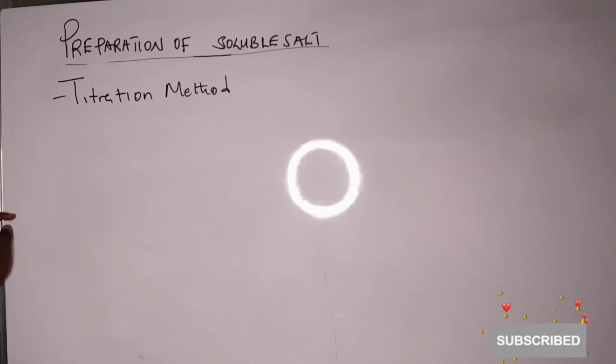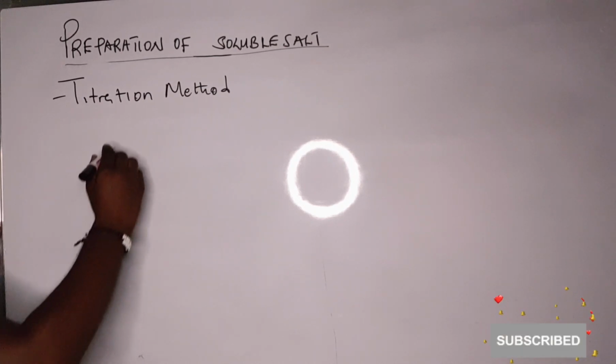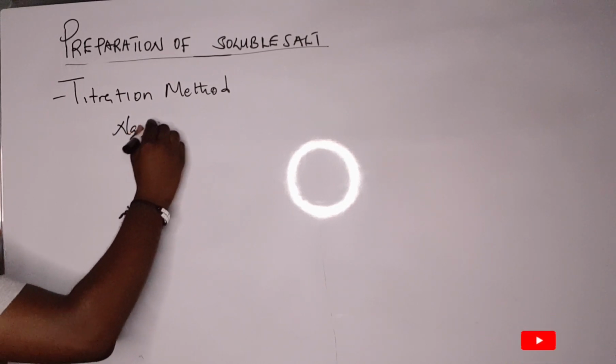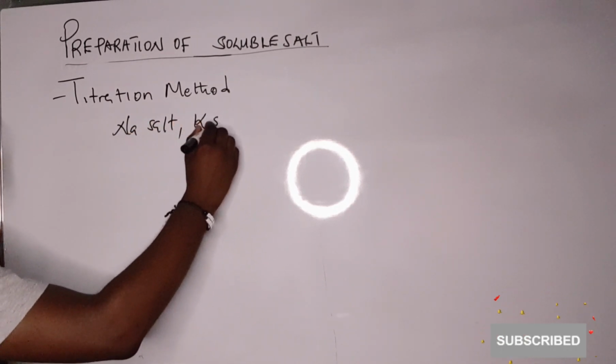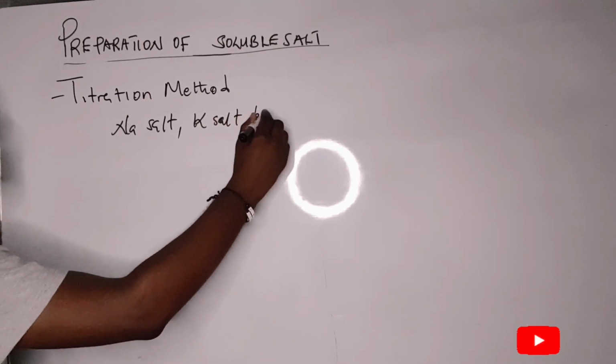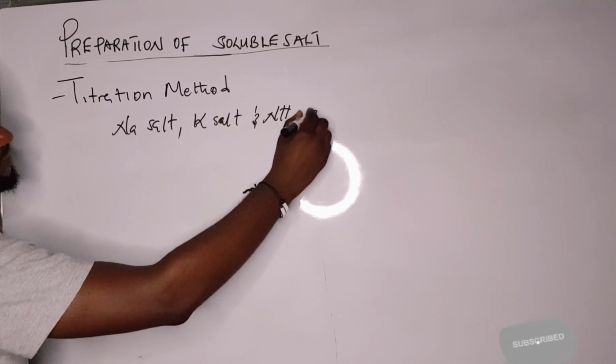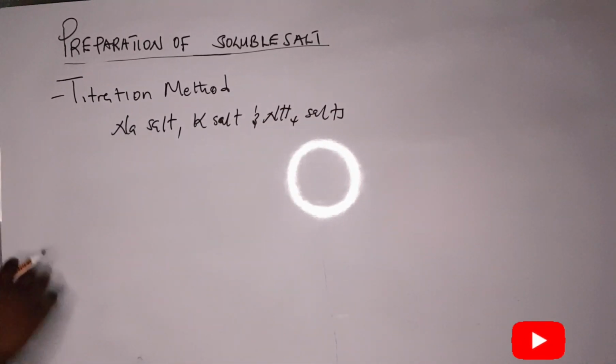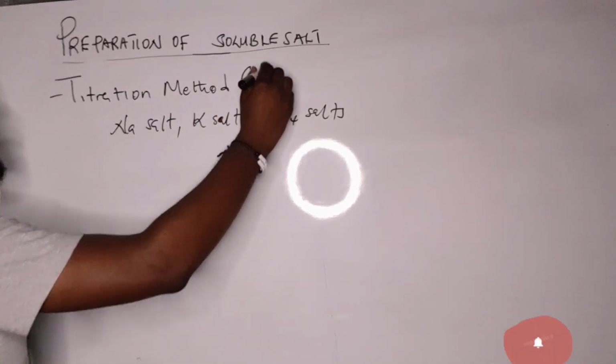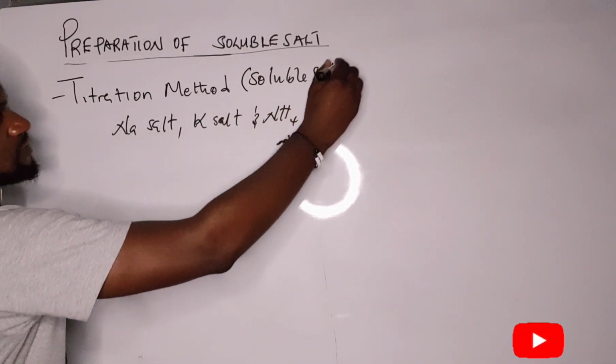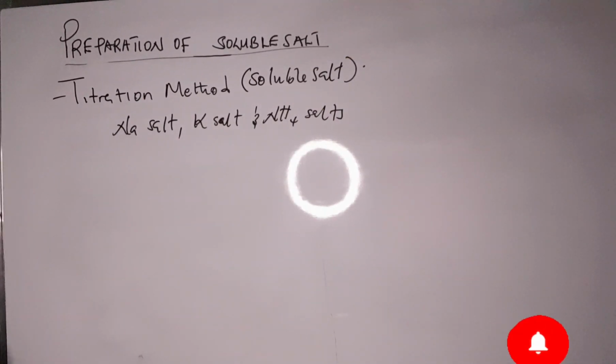The titration method is a method or a technique that is used to prepare soluble salts, for example, salts of sodium, salts of potassium, and as well as the ammonium salts.